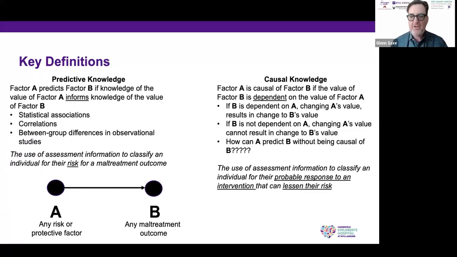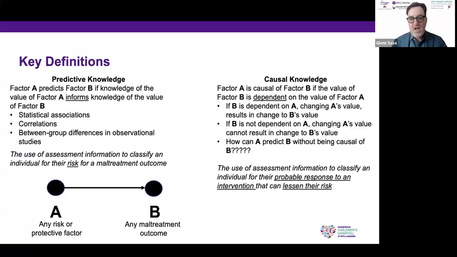And that's very different than causal knowledge, where factor A is causal of B if the value of B is dependent on the value of A. And this all has to do with interventions. So if B is dependent on A, then if I intervene on A, B can change.